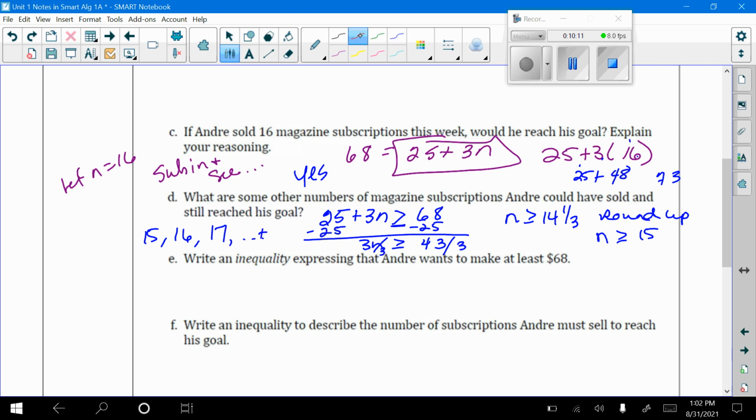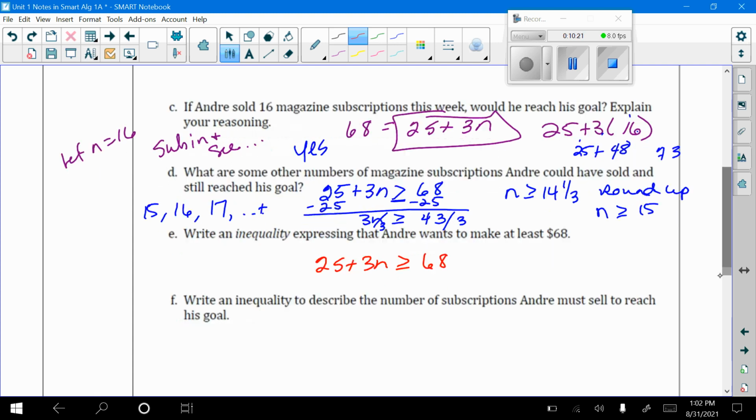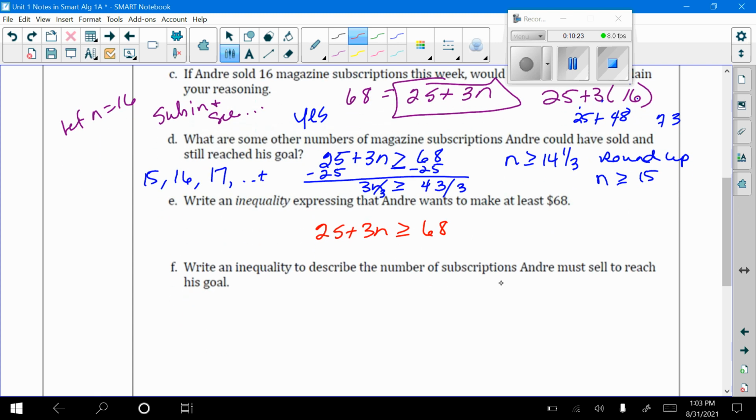Now write an inequality, which we kind of already did. We already put it in there. So it's 25 plus 3n is greater than or equal to 68. Write an inequality to describe the number of subscriptions Andre must sell to reach his goal. So he must sell greater than or equal to 15 subscriptions.